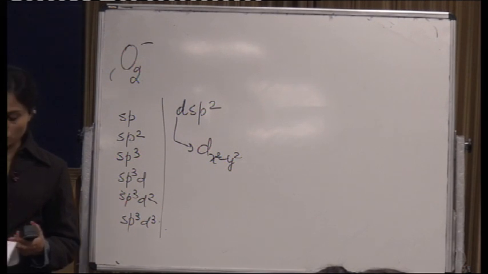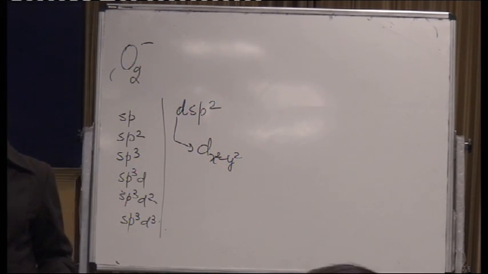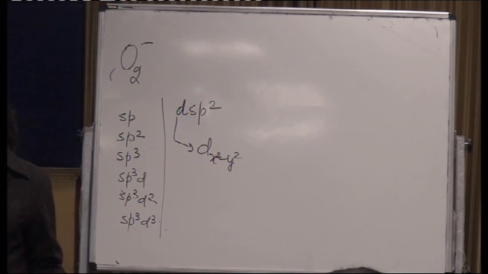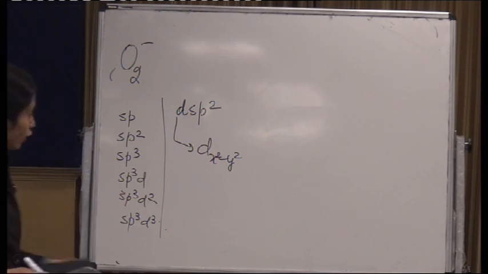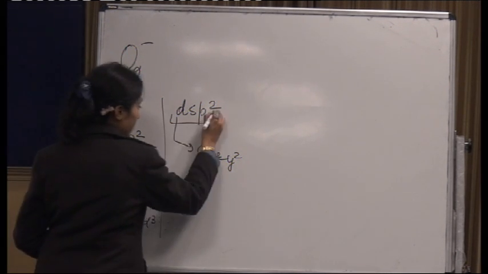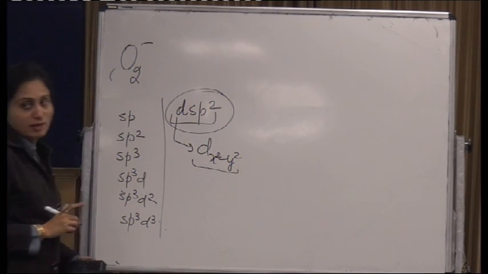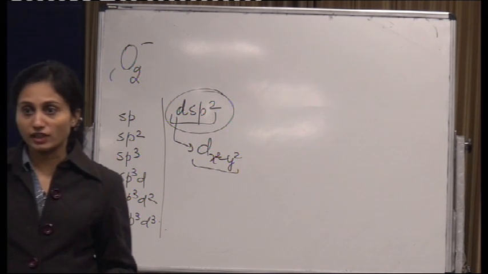For dsp2, the orbital which is involved is dx square minus y square. Otherwise, you can have dxy, dyz, dzx also, and what is the fourth one? dz square. So the d orbital involved in the dsp2 hybridization is dx square minus y square, and what is the geometry of this? Square planar. This is only for you to remember as of now. I am not explaining anything related to it.